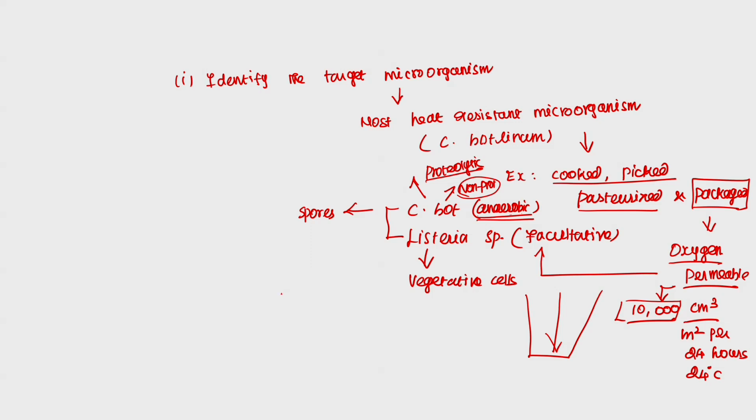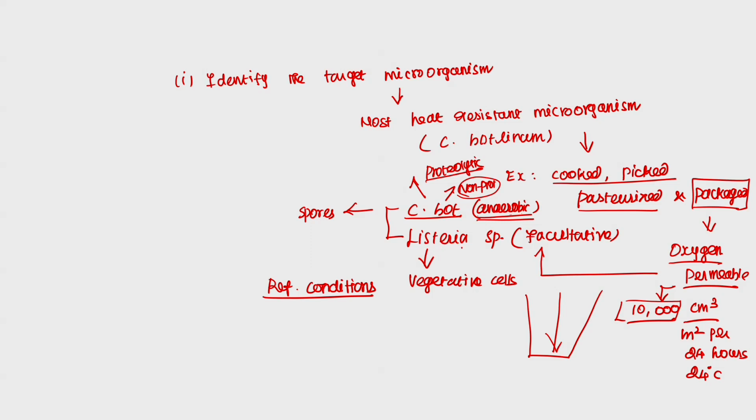So for example, after this pasteurization, if it is stored in the refrigeration condition, the most heat resistant target organism is CBOT, the non-proteolytic type, which can grow in the refrigeration condition.